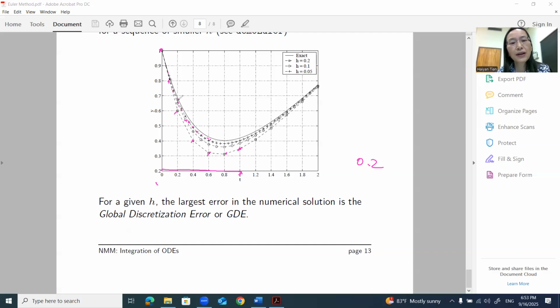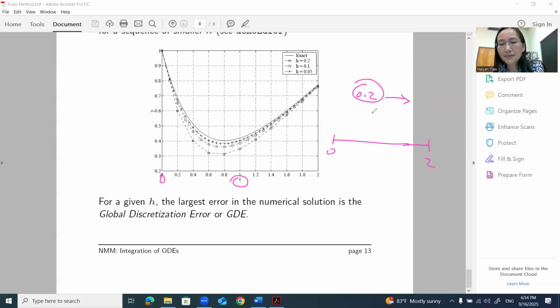So you go 5 steps to get to 1, from 0. Of course, you will need 10 steps on the interval from 0 to 2. The entire interval, you need to do 10 steps.